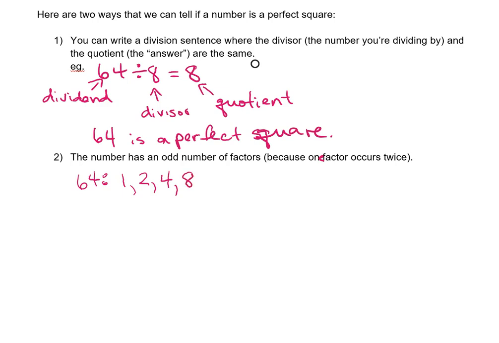And then really what you should be doing is, if you're doing factors, 1 goes with 64, 2 goes with 32, 4 goes with 16, and 8 goes with itself. So if we count the factors, 1, 2, 3, 4, 5, 6, 7, there are 7 factors, 7 is odd, therefore 64 is a perfect square.